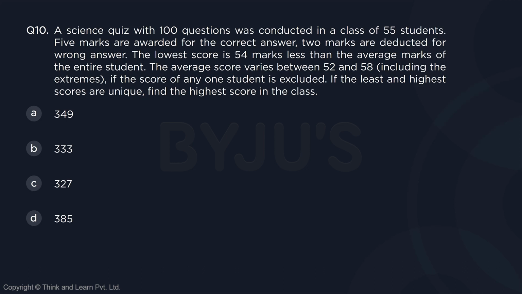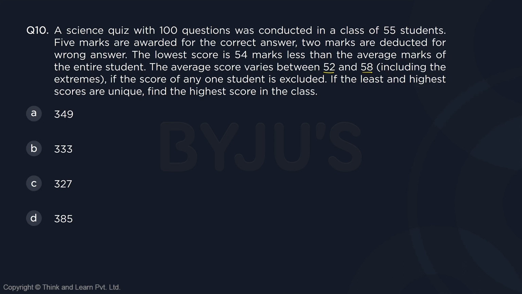If I remove the highest marks, then the average will be the lowest, which is 52. If I remove the lowest marks, I'll get the highest average as 58. This is how the concept is working here, right?